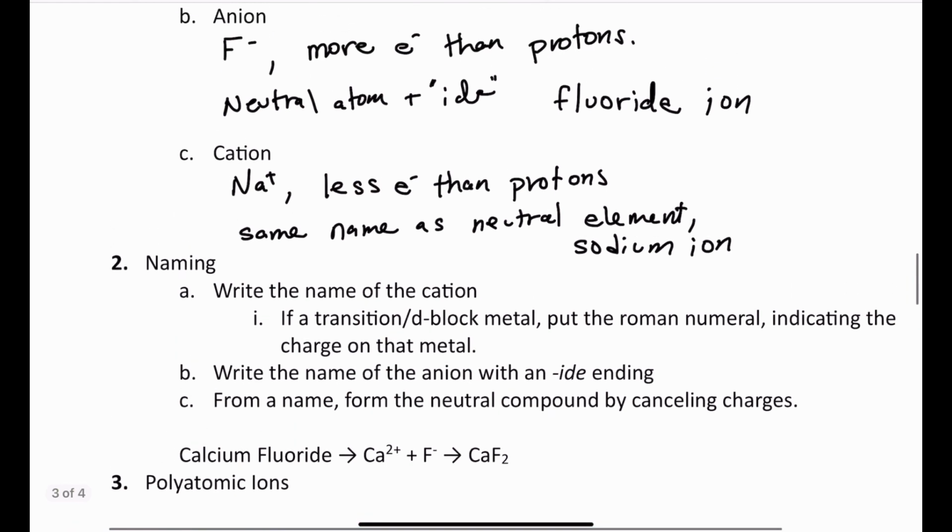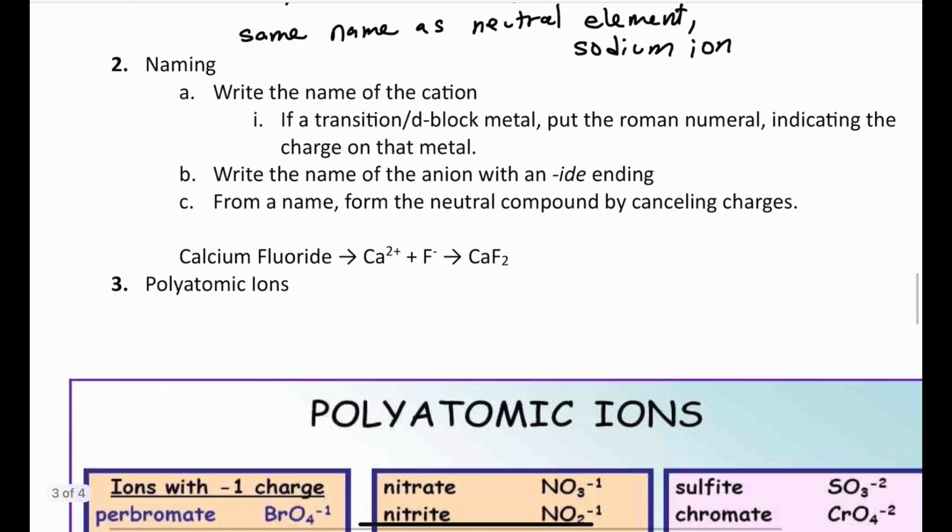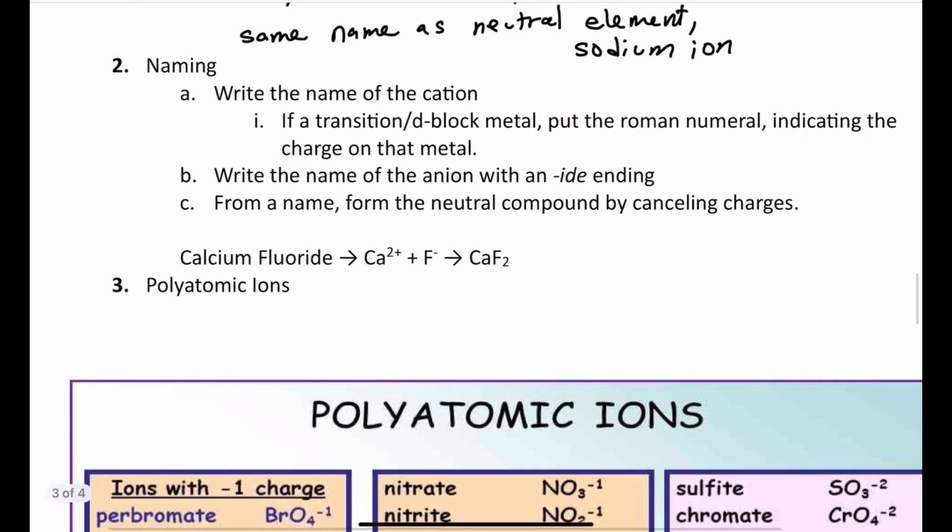So we've done this before, naming. So if we had calcium fluoride, which just means you have a calcium ion and a fluoride ion, and then we can figure out what that would be. We know that it's CaF2 because of that double switch rule, where the 2 goes there and the 1 goes there.